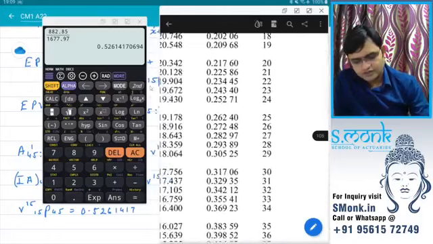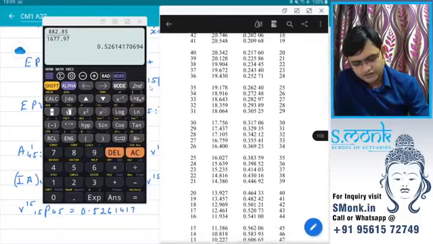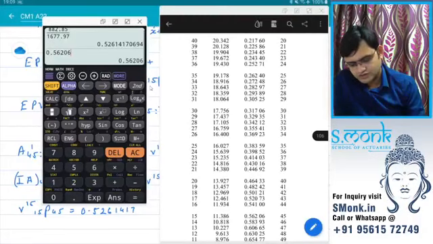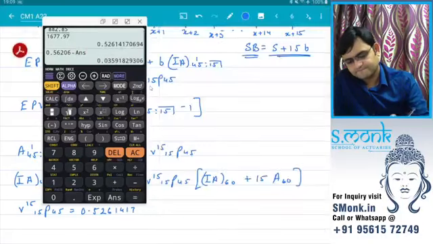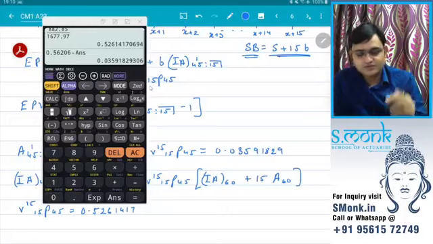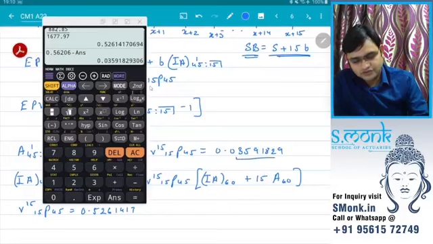I want ultimate 60, 45, 15. 0.56206 minus answer. I write as many decimal points as I want, but we will be using only 6. We will not be using all. Okay, so I can round it off to 3 here.